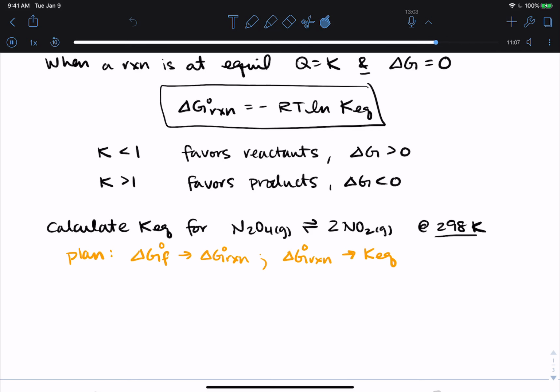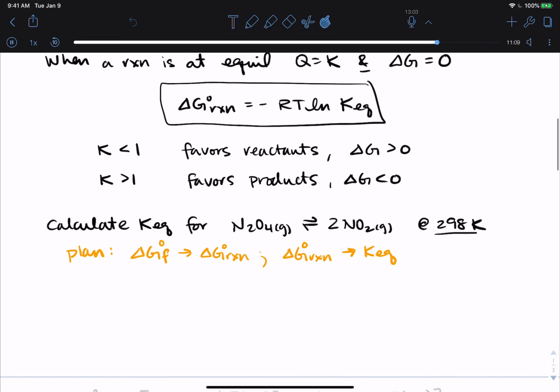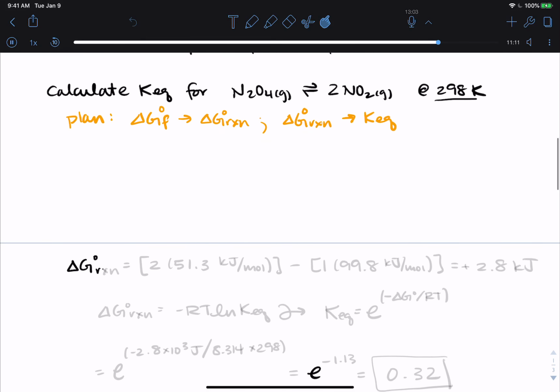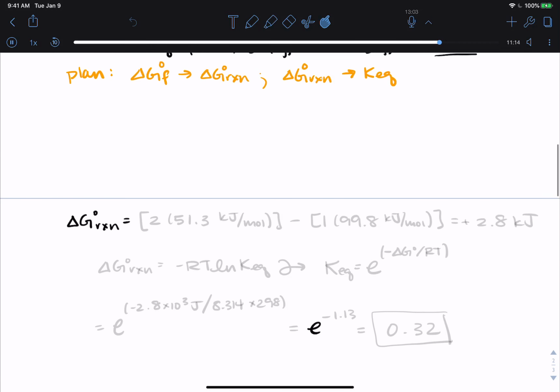Okay, so the delta G standard reaction using products minus reactants. So the products are two NO2s. So if I go look up delta G formation for NO2, it's 51.3 kilojoules per mole, minus 1 times 99.8.